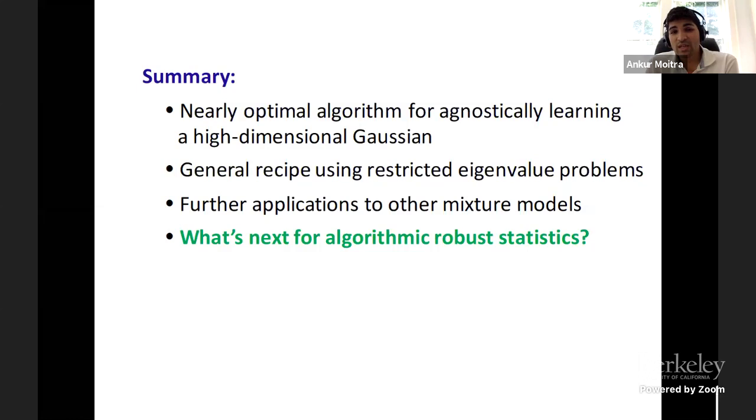It's kind of interesting, but to be honest, I don't have any religious reasons for why one corruption model is the right one compared to the others. The reason we worked with a strong corruption model is that in our analysis, we had to. After the first step of the filtering approach, in principle the adversary could have added corruptions in a way that the inliers you throw out had some weird statistical relationships amongst each other.